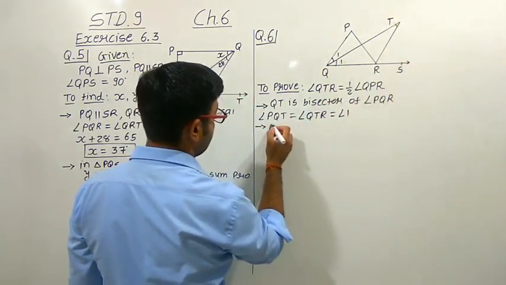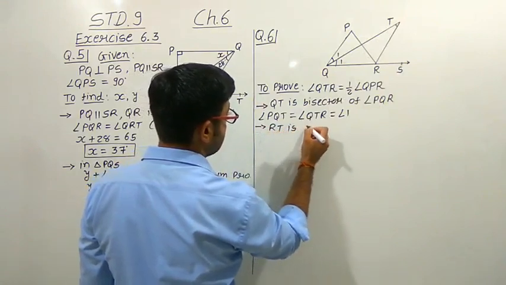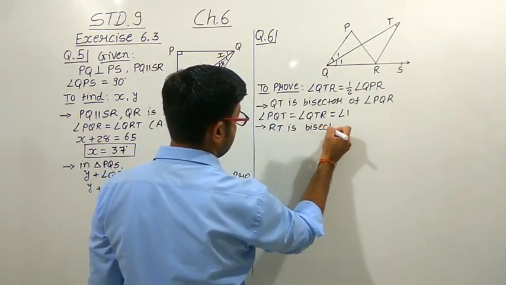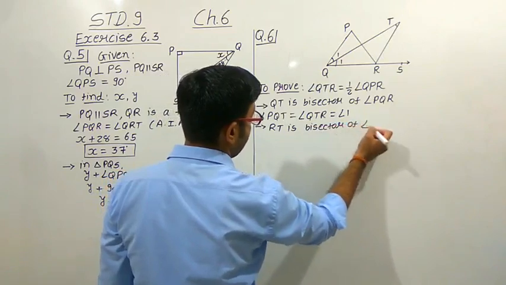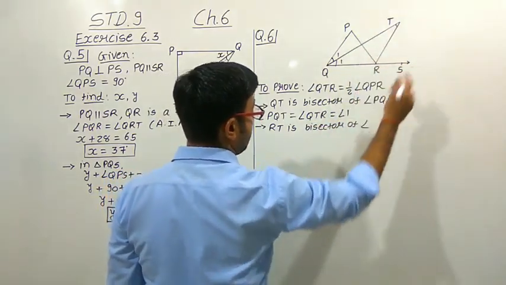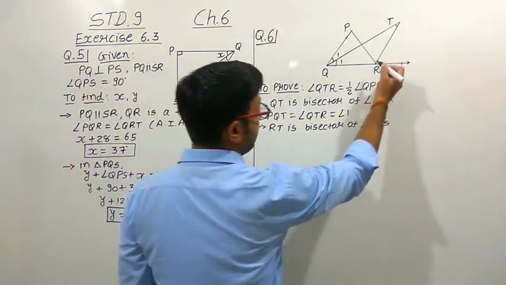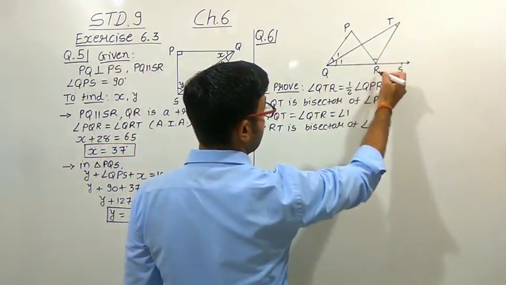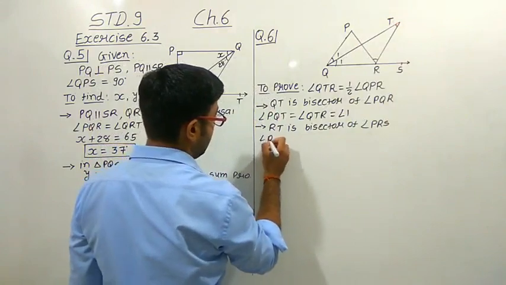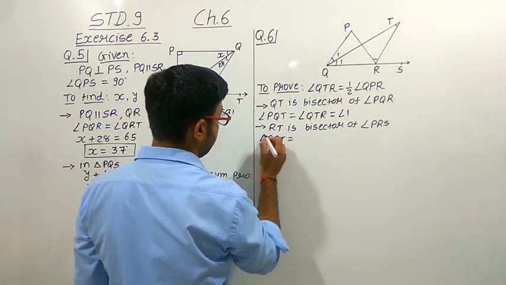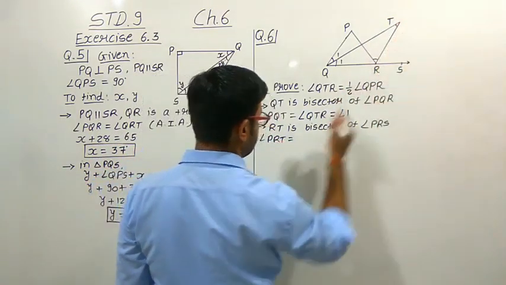Now in the same way, here RT is the bisector of angle PRS. Again, two angles we get here. The first angle is PRT, and it will become equal to angle TRS.